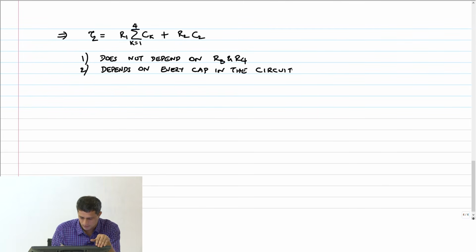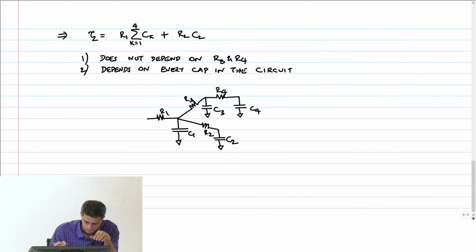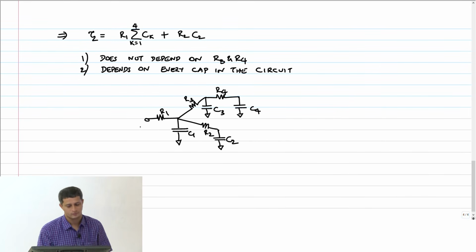Let me redraw that so that we get an intuition for what's happening and why it behaves like this. C1, C3, C4, C2 and R2, R1, R3 and R4. Now you look at what's going to happen.